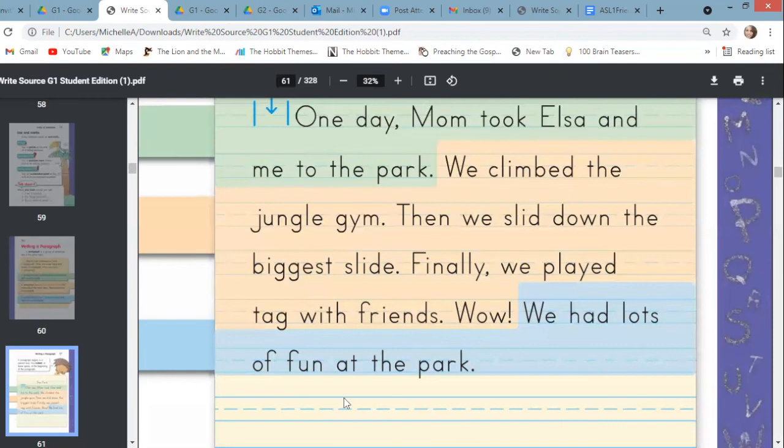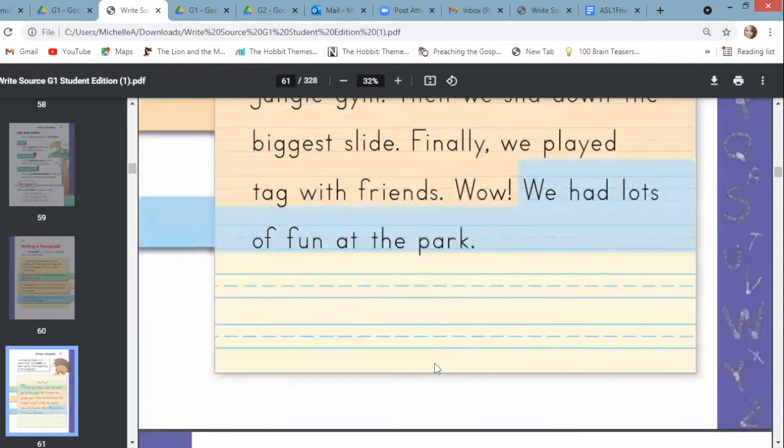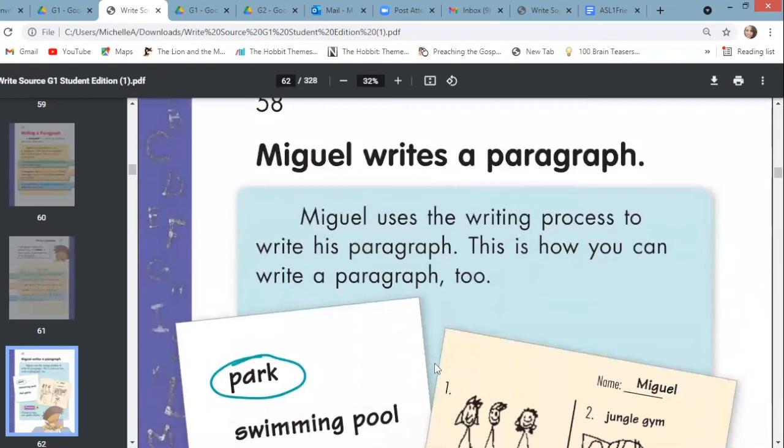So this is a nice paragraph, right? And you see how Miguel punctuated? He indented, he used his capital letters, his period, commas, right? Yes, dear.